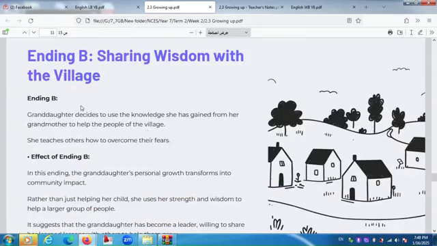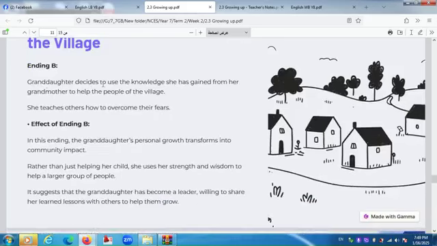Ending B: she will share wisdom with the village. The granddaughter decides to use the knowledge she has gained from her grandmother to help people of the village, not the family. She teaches others how to overcome their fears. So now she is caring for the community. Effects of ending B: in this ending, the granddaughter's personal growth transforms into community impact.